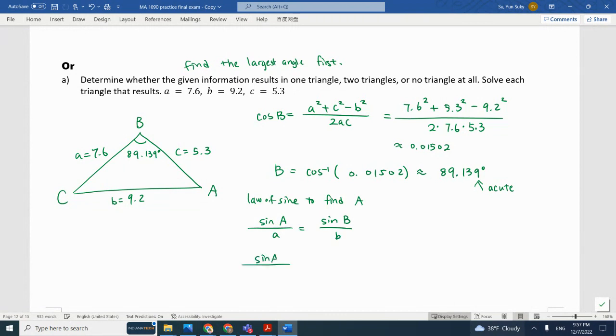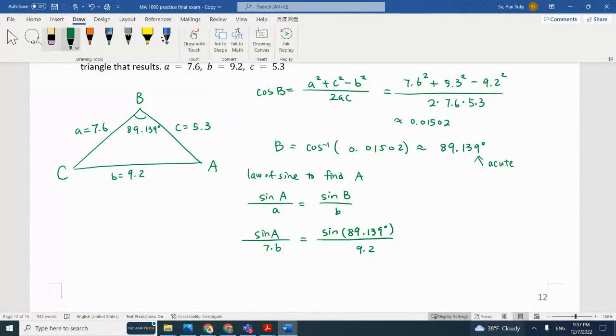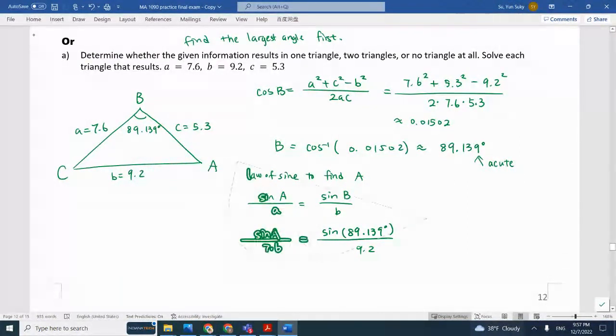Angle A we don't know, we're looking for A. Side a, 7.6. Angle B, we found that is 89.139 degrees. Side b, 9.2. Okay, so how to find sine A? Let me shift this to the left.